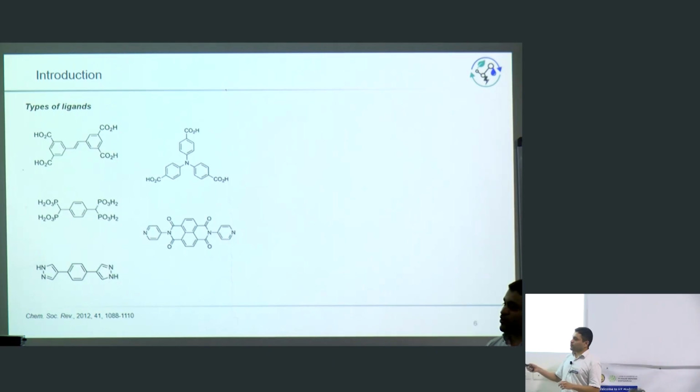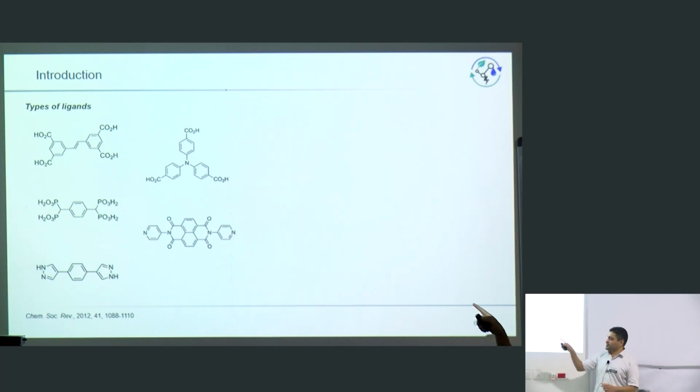Over the years, people have found that carboxylates bind well to all the transition metals. So carboxylates are actually the more popular choice. And recently, people have found that azolate-based systems are very good in binding certain metal ions. So azolate-based chemistry has also picked up over the years. And some of the people who have also looked at phosphonic-based chemistry have also seen that these kinds of organic groups are very useful as organic ligands.